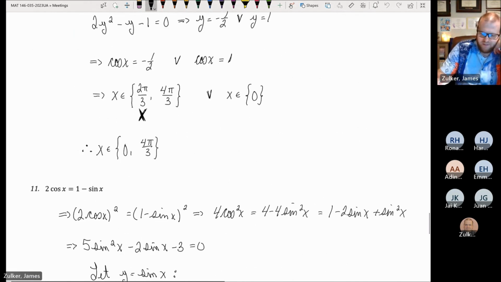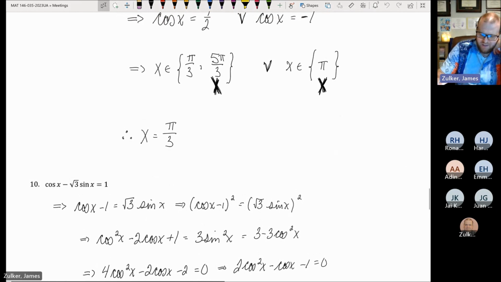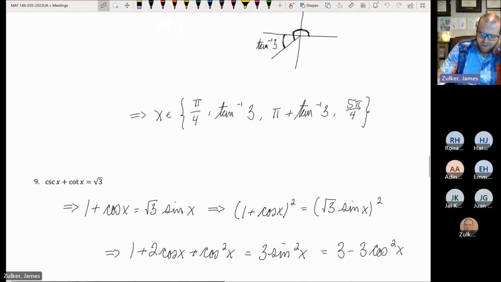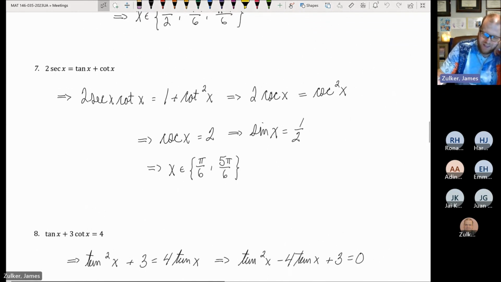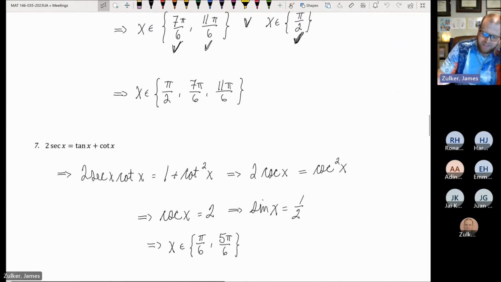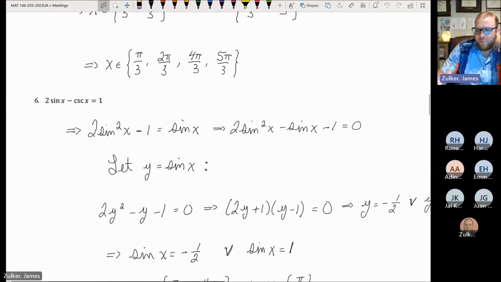See that? Cosine x, sine x, cosecant x, cotangent x, tangent x, cotangent x, secant x, tangent x, and so on and so forth.